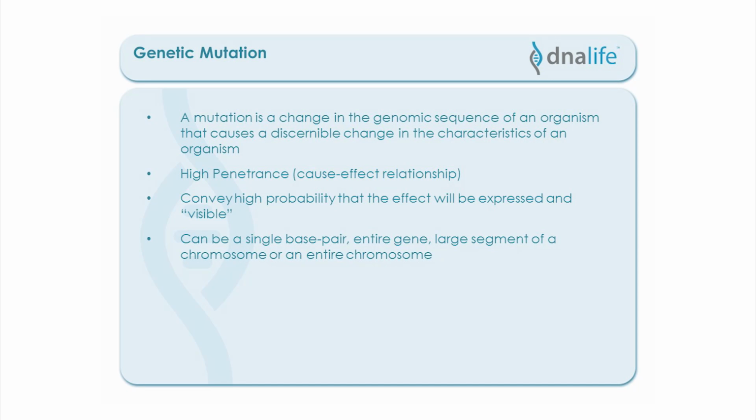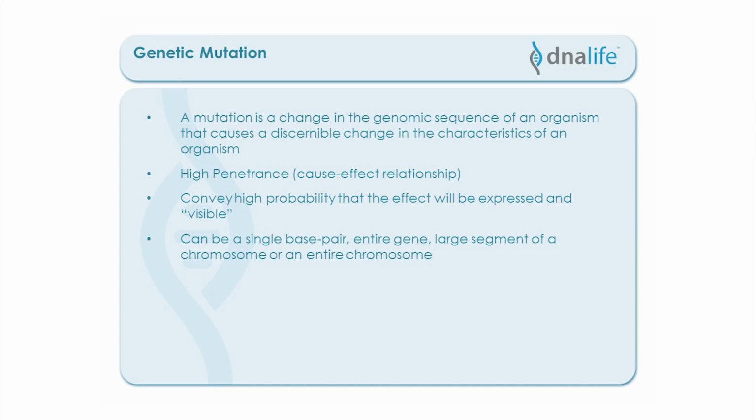These are termed high penetrance, and when you carry the genetic variation, there's a very, very high chance that it will result in a physical manifestation of that variation, be it an appearance, a disease, some sort of modification or alteration in the biochemistry of an individual.